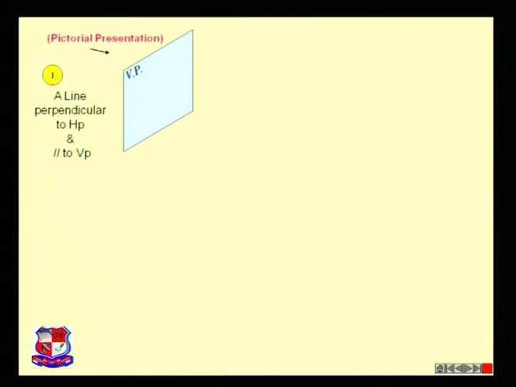We have our vertical plane over here. This is our horizontal plane. Now we will see how our line is allocated to these two planes. We have our XY line over here, where both these projections intersect.